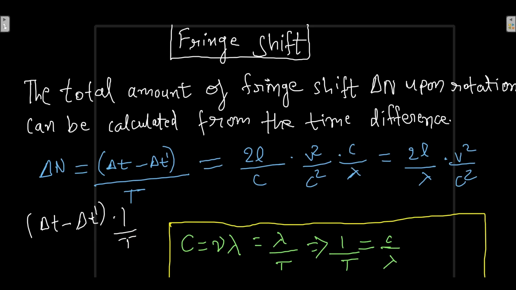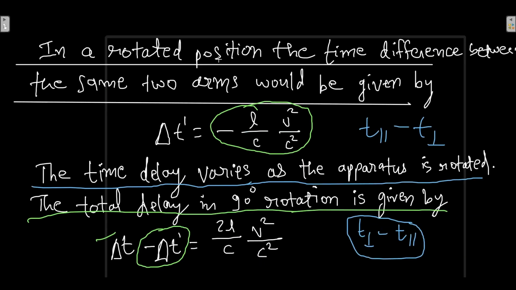So this is the term which you are seeing over here. And what about delta t minus delta t dash? We have already calculated it: delta t minus delta t dash is equal to 2L by c into v square by c square.